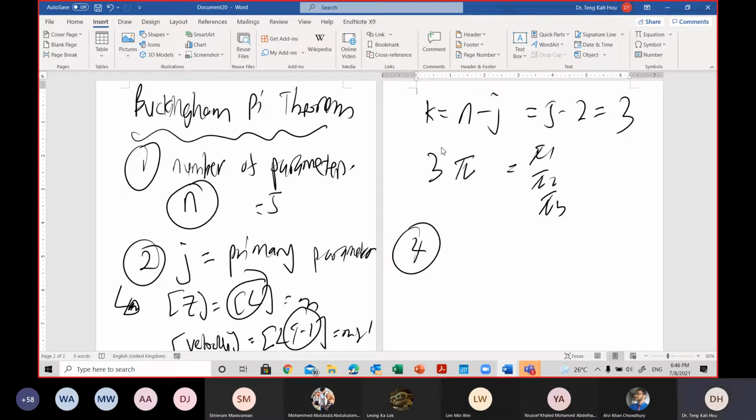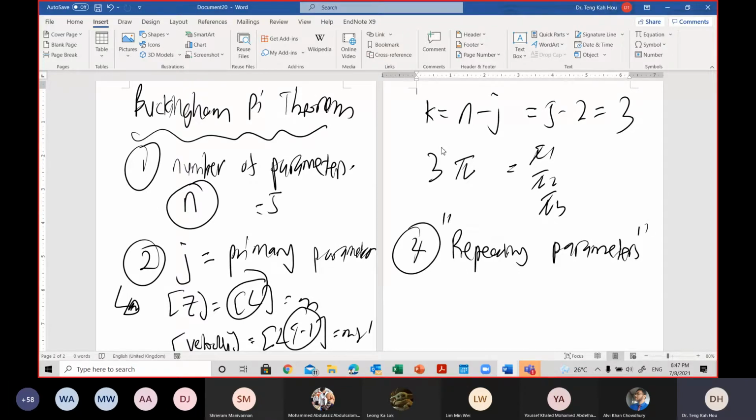Choosing the variables we're going to have. Okay. I would say you only need to remember it is repeating parameters. The keyword is that you're going to choose repeating parameters.